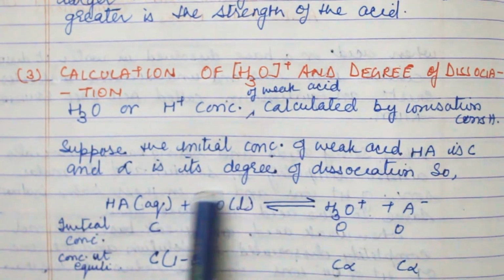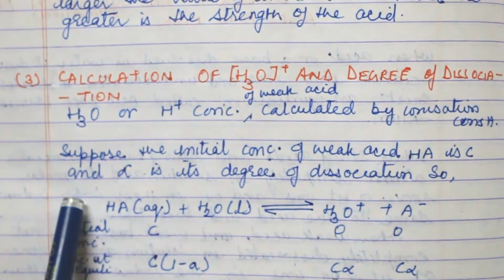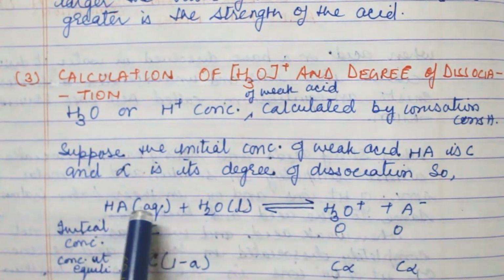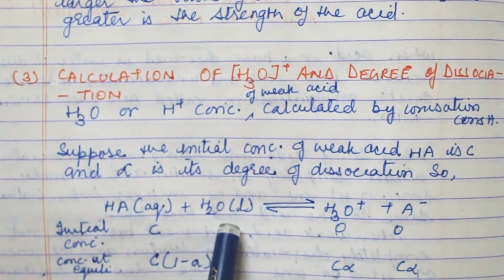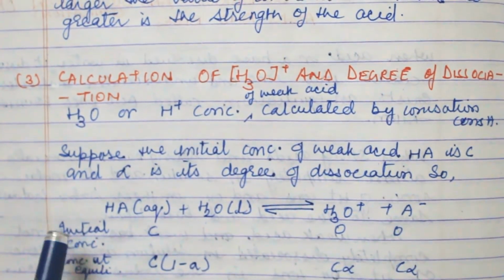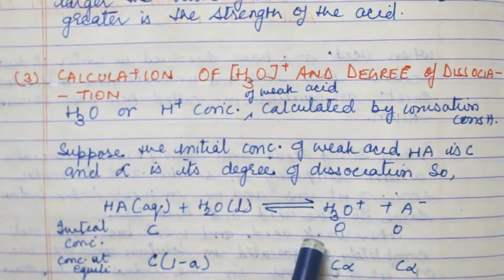Suppose the initial, meaning starting, concentration of the weak acid HA is C and alpha is the degree of dissociation. So HA, when it reacts with water, forms hydronium ion and A minus ion. Here the initial concentration is C, where the product is not formed, that is why it is 0.